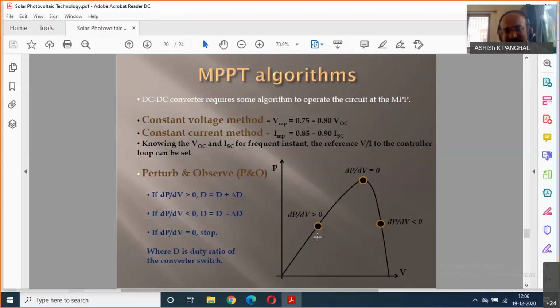The voltage is V1 and the power is P1. Now I will increase the voltage by changing the duty ratio, and let's say the voltage is V2 and the power is P2.